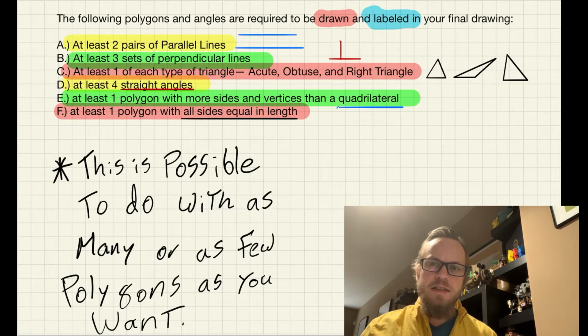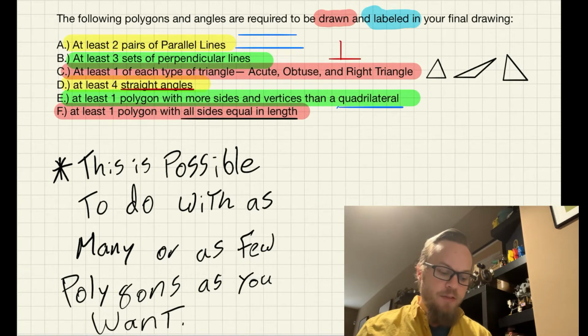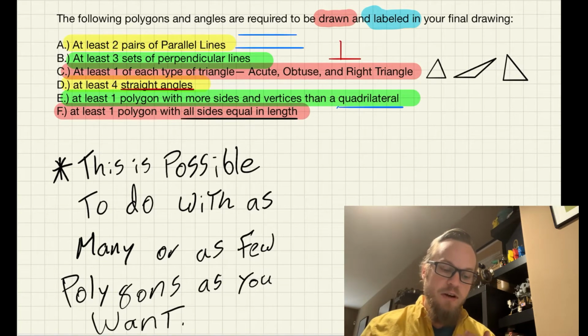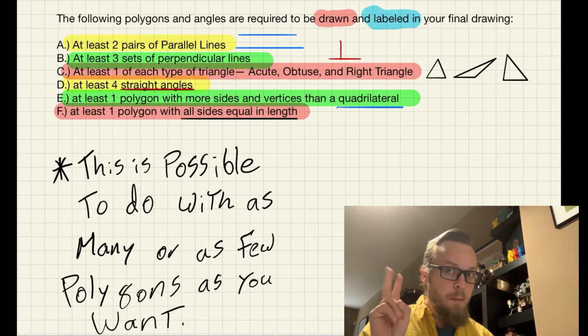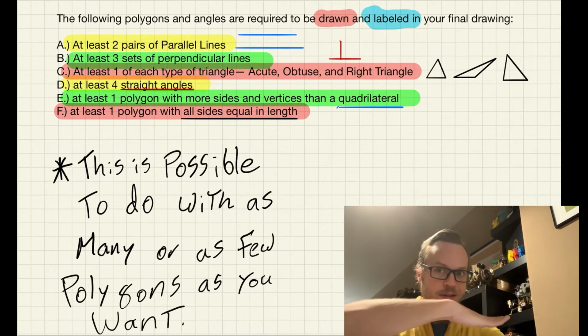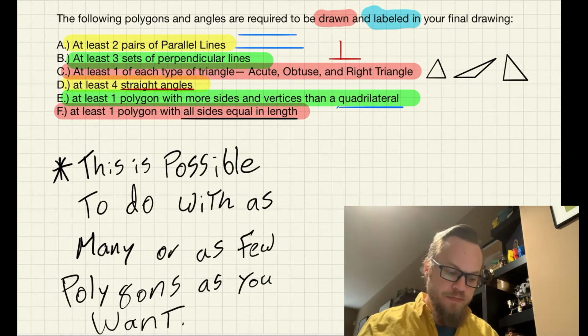Here are the things that you need to include in your drawing challenge. The following polygons and angles are required to be drawn and labeled in your final drawing. A, at least 2 pairs of parallel lines.